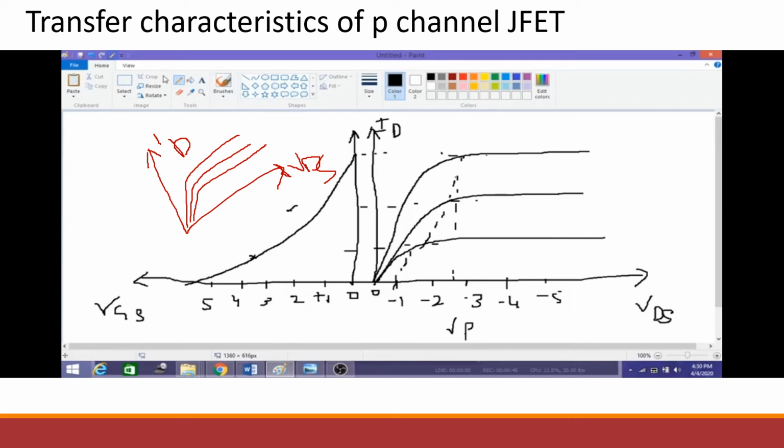In the next condition, we increase the VGS, and as the VGS increases further, when the VGS becomes equal to the pinch off voltage, the JFET becomes off. This region is known as cutoff region.